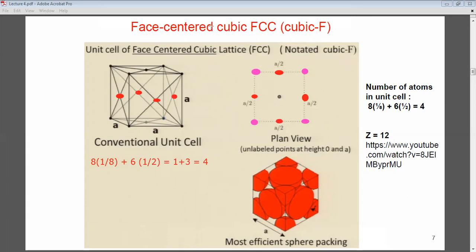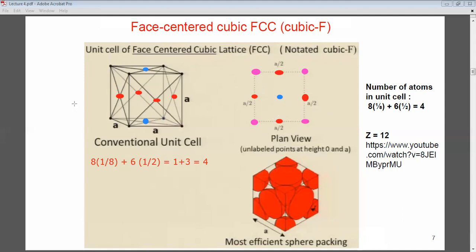And then finally, there are these 2 points, one of them at height 0, one of them at height A, and they are exactly in the middle of the square. So this is how our FCC lattice looks from above.